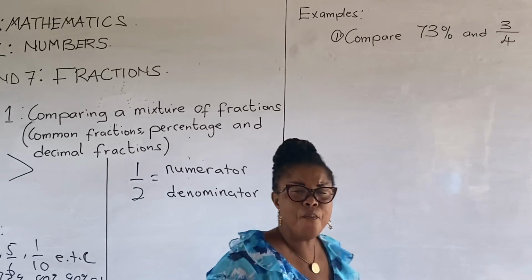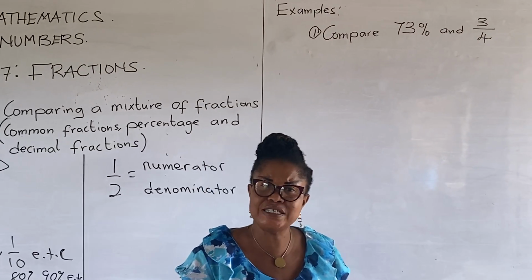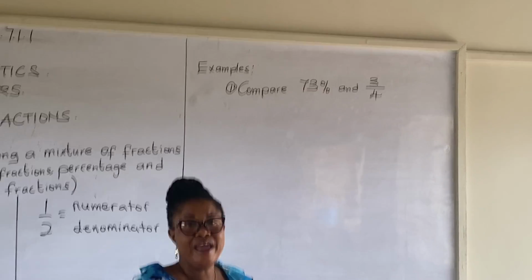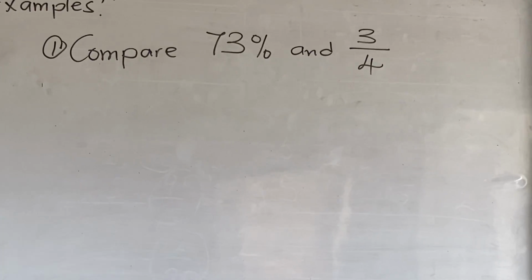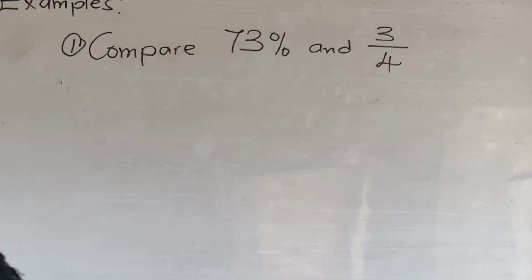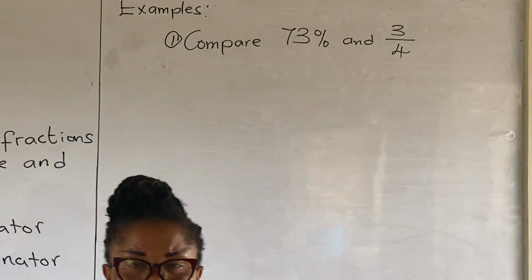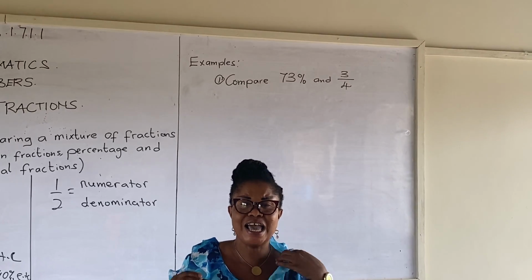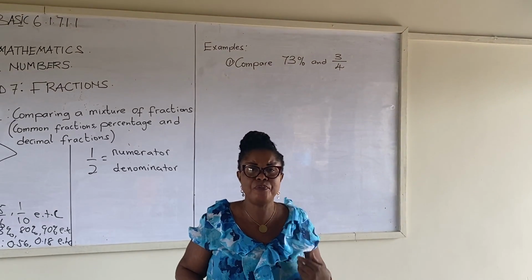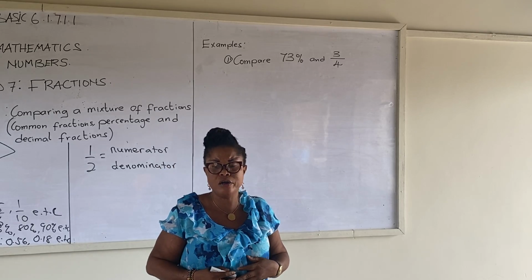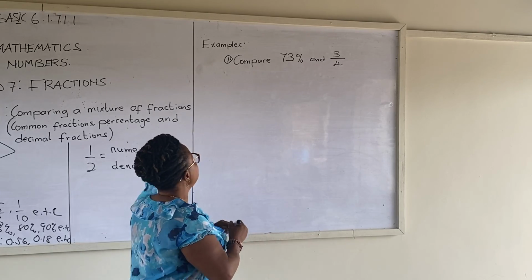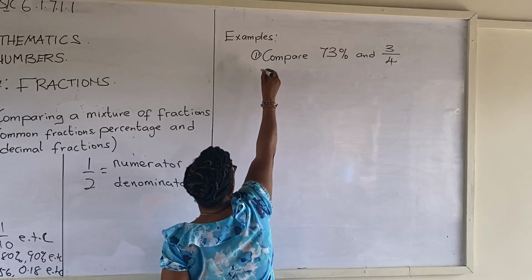Now, let's look at the example here. We are going to compare 73% and 3/4. So we are going to work them in two different ways. In the first step, we are going to change all of them to common fractions. Step 1.